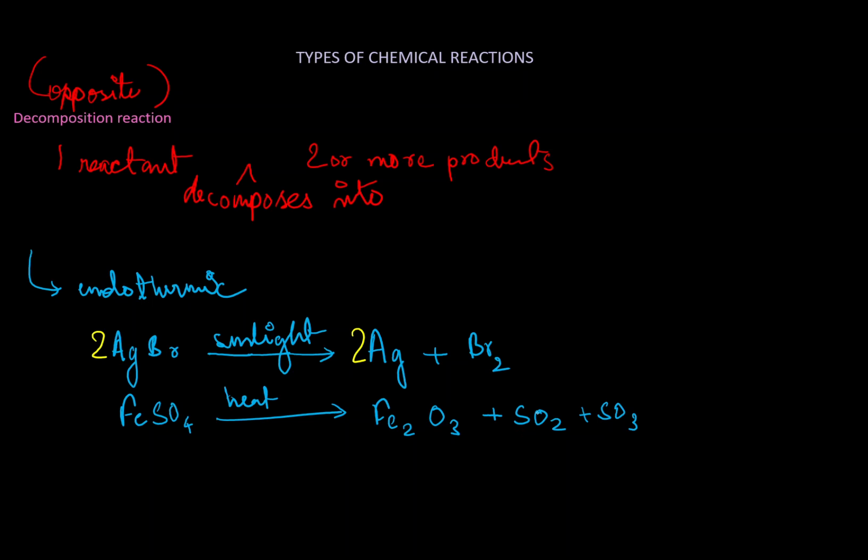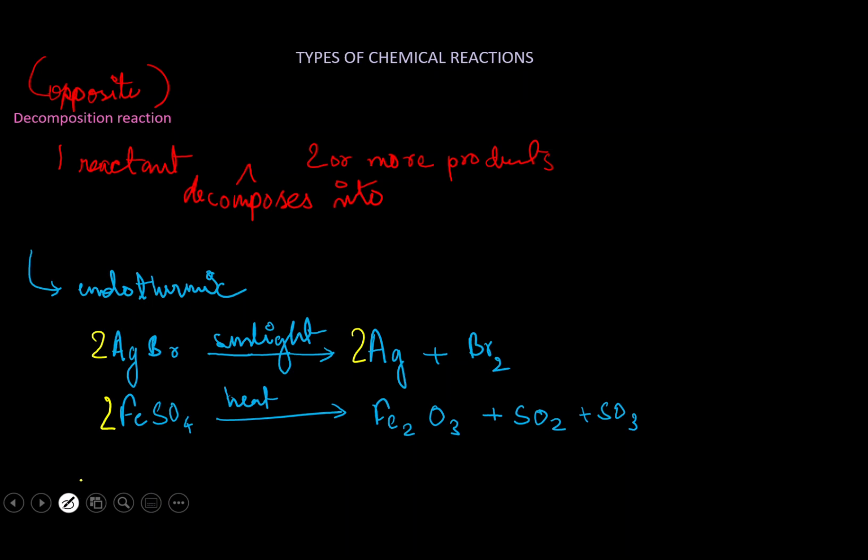SO2 is sulfur dioxide and SO3 is sulfur trioxide. So here it is forming three products. It's decomposing into three products. Here it's decomposing into two products. Now let me quickly balance it out. There we go.